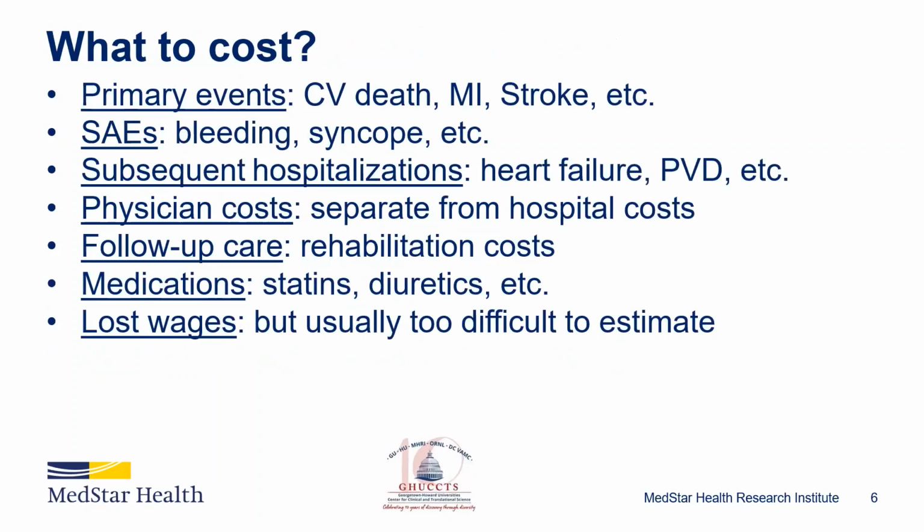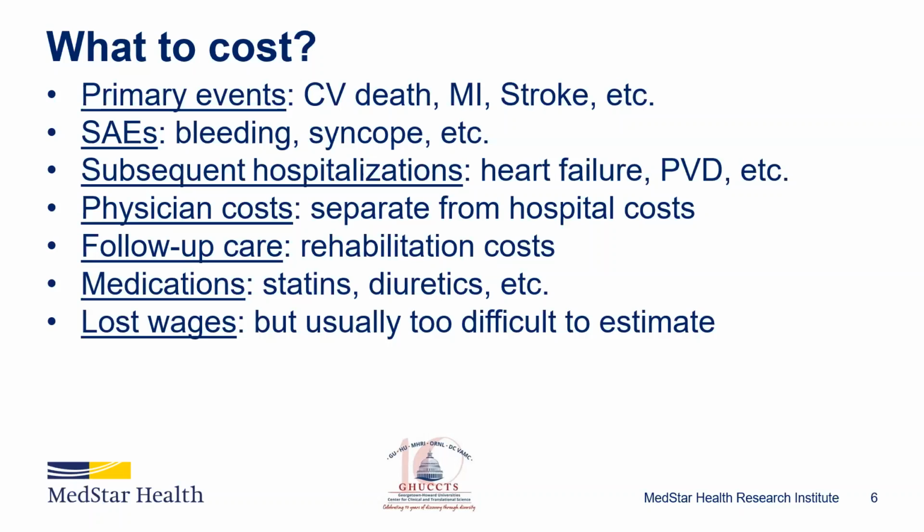So what do we cost in a cost-effective analysis? Well, usually we have a list of primary events. Here I've listed cardiovascular events that we would probably be interested in costing: a cardiovascular death, myocardial infarction, stroke, and so on. We'd also want to cost serious adverse events like bleeding, syncope.